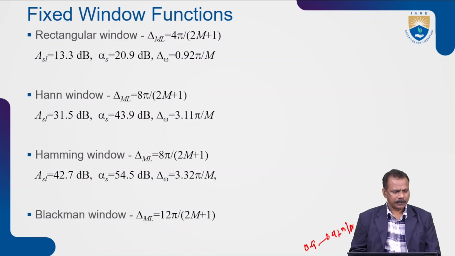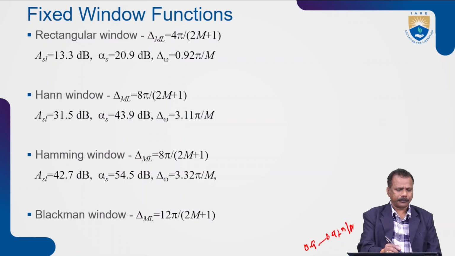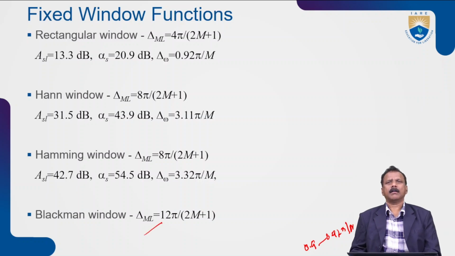Like this, the Blackman window is observed with delta ml equal to 12 pi by 2M plus 1. So what is your observation by using these fixed windows, from the rectangular and Hamming to the Blackman window?